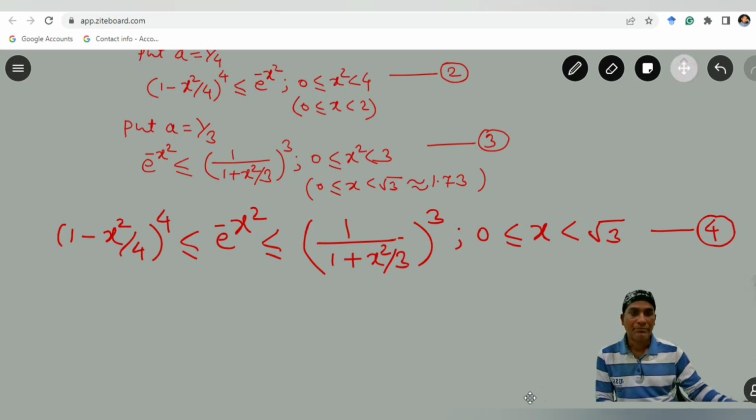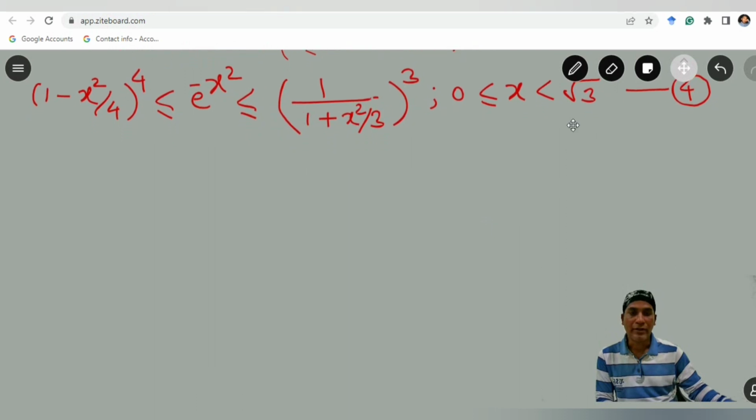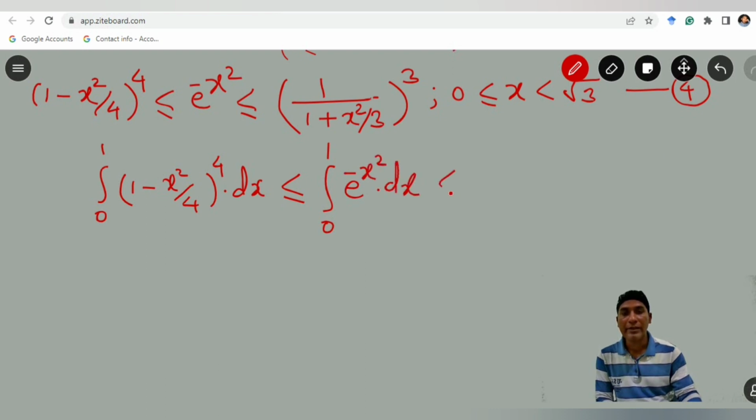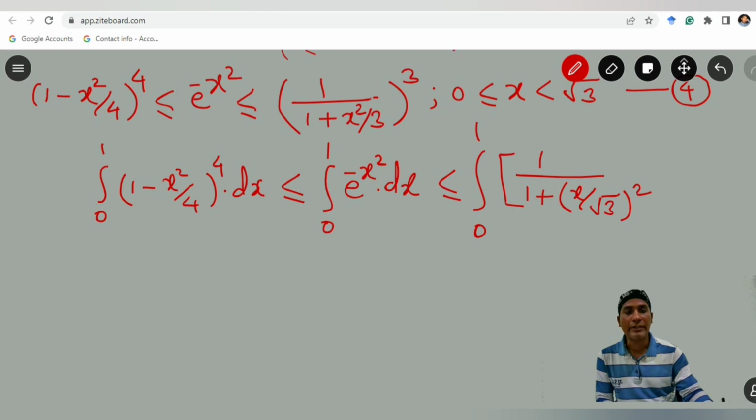Then I integrate this fourth relation over 0 to 1 to get the integral over 0 to 1 of (1 minus x square over 4) to the power 4 dx, less than or equal to the integral over 0 to 1 of e power negative x square dx, less than or equal to the integral over 0 to 1 of the cube of 1 divided by 1 plus the square of x over square root of 3 dx.